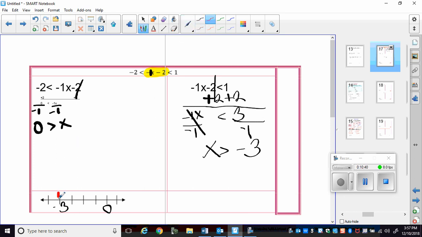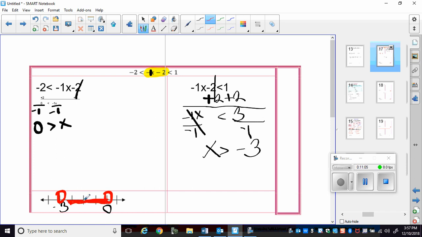So both of these are open circles. They're open circles here, right? And so it says 0 is greater than all x values. That means 0 is greater than all these numbers here, right? It's going to be towards the left.